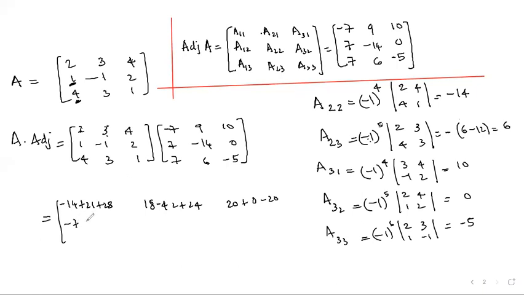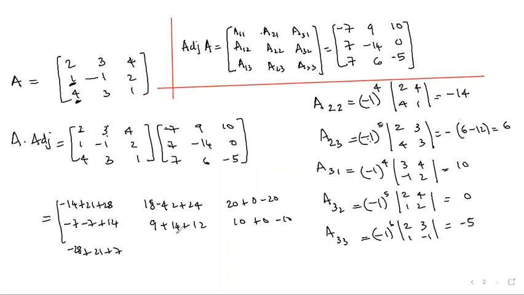Minus 7 plus 14. Next one. 9 plus 14 plus 12. 10 plus 0 minus 10. Then minus 28 plus 21 plus 7.